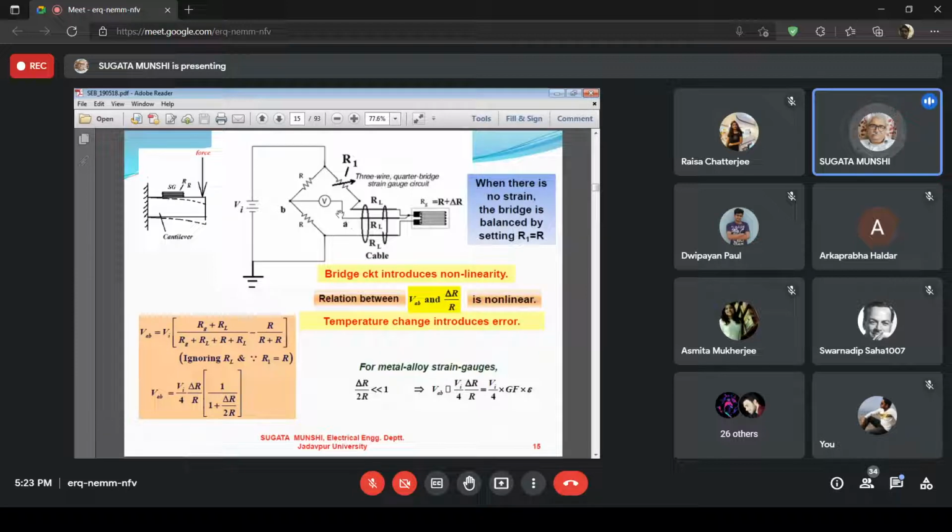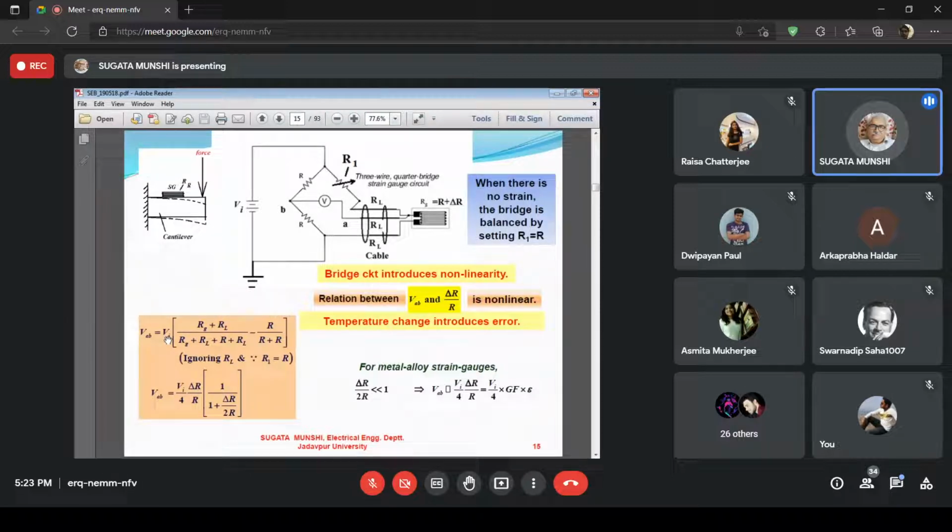Now VAB, the voltage that is being measured, I have shown here, assuming that the voltmeter has extremely high input resistance, by applying the potential divider rule, you get this expression for VAB.